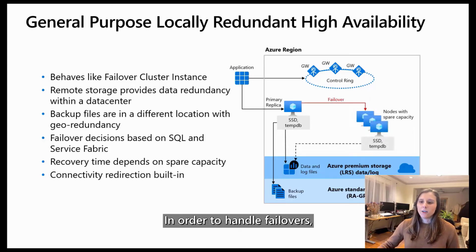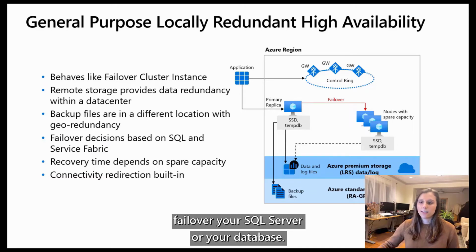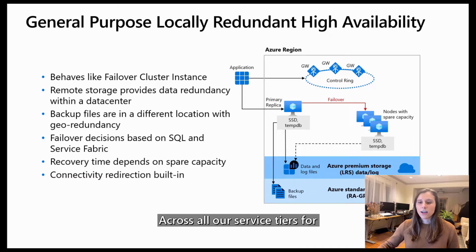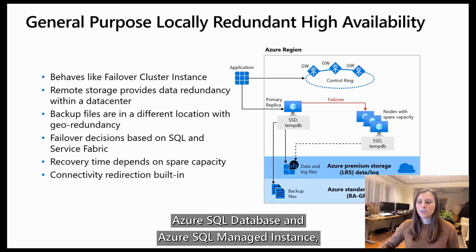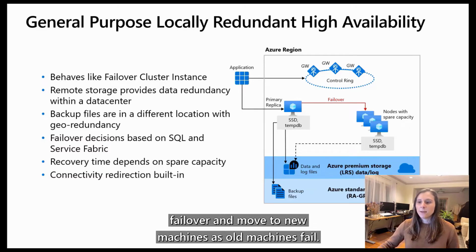In order to handle failovers, we use technology of combining SQL Server with something called the Service Fabric to make decisions about whether we need to fail over your SQL Server or your database. Across all our service tiers for Azure SQL Database and Azure SQL Managed Instance, we have built-in systems in place to automatically fail over and move to new machines as the old machine fails.